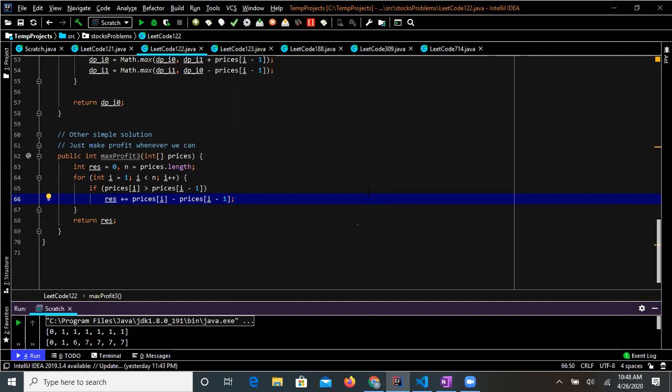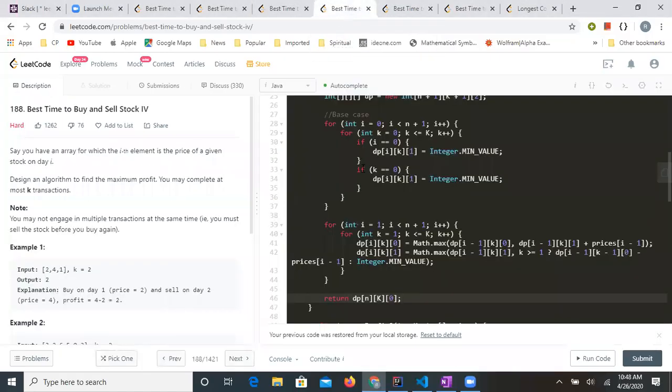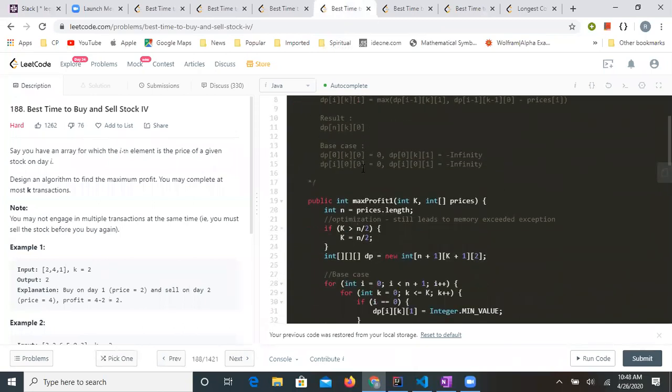Okay. Now also one very important thing, I showed this solution, and if you think about the previous problem where we were doing at most k transactions, 188. So here, your first case, when we are given that you can do as many transactions as you want, infinity transactions means basically the same thing, right?